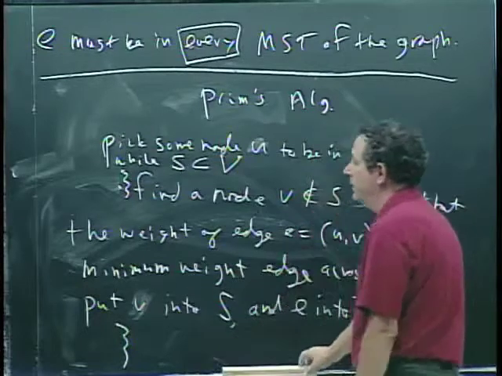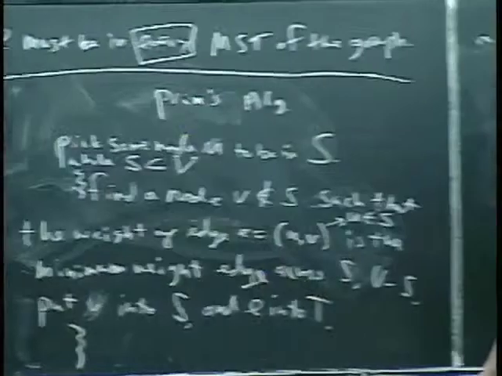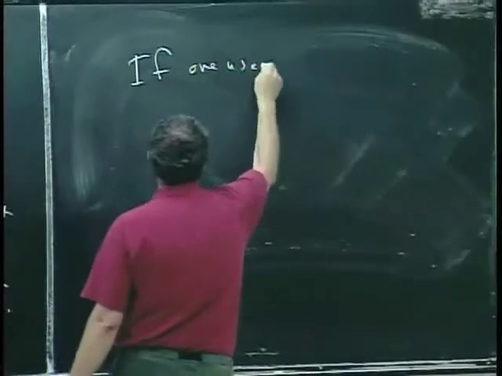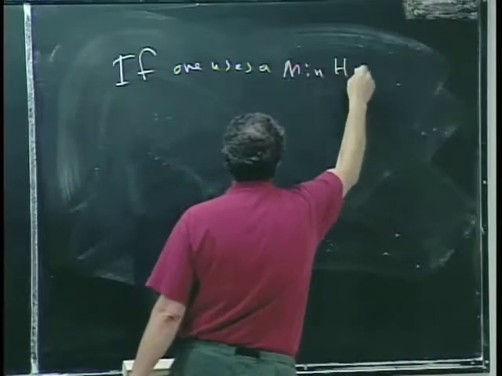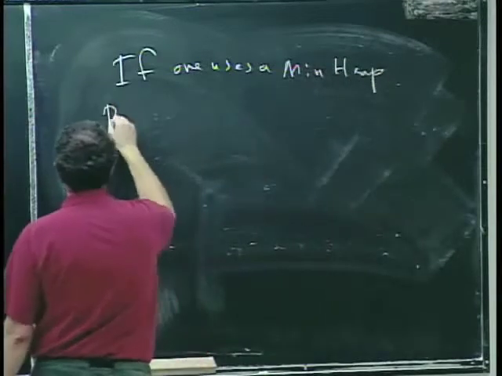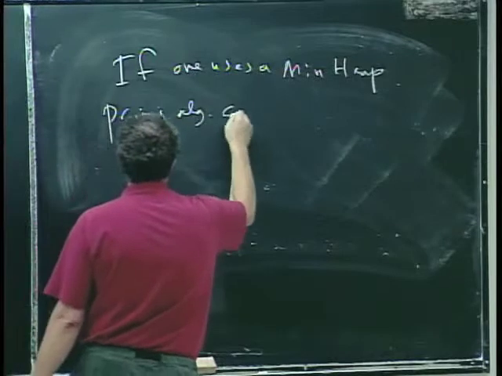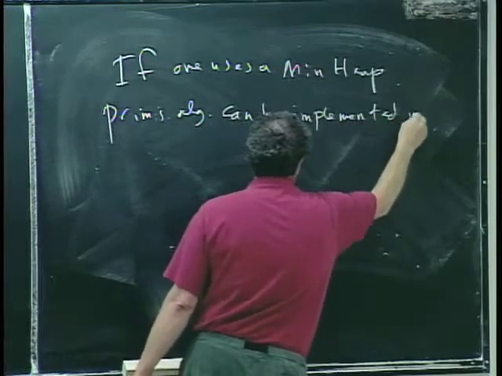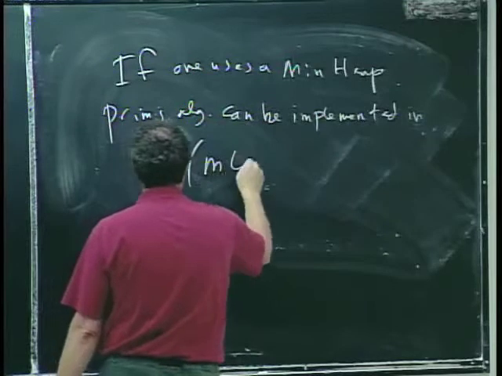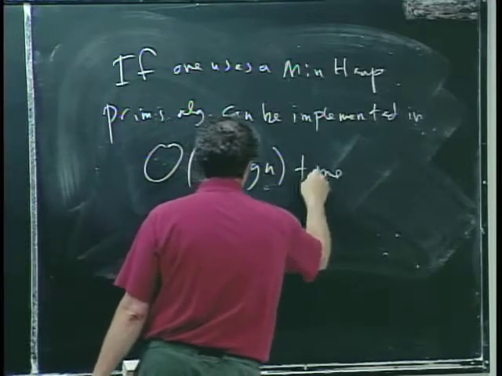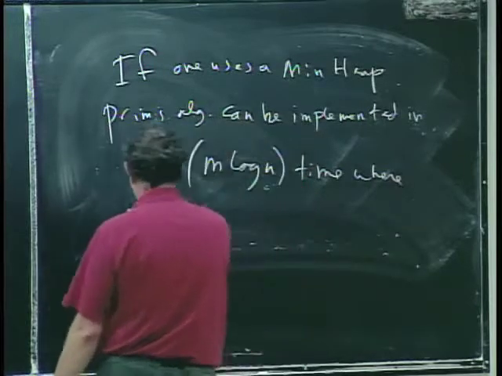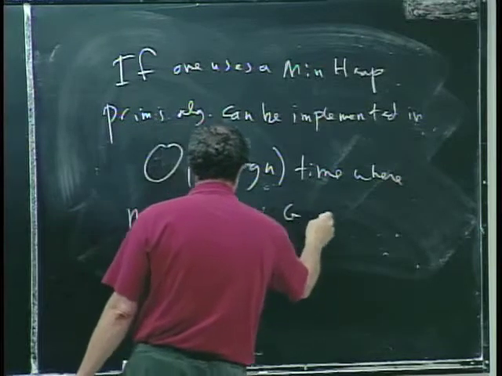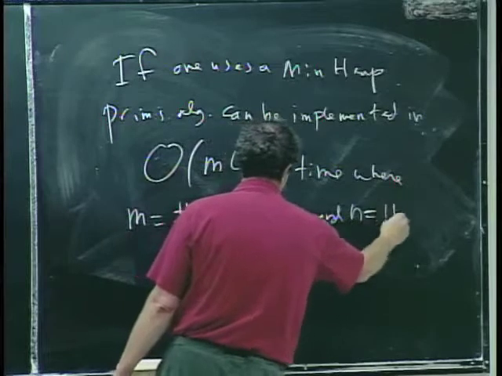So if you use a min heap, Prim's algorithm can be implemented in big O of m log n time, where m is equal to the number of edges in G, and n equals the number of nodes.